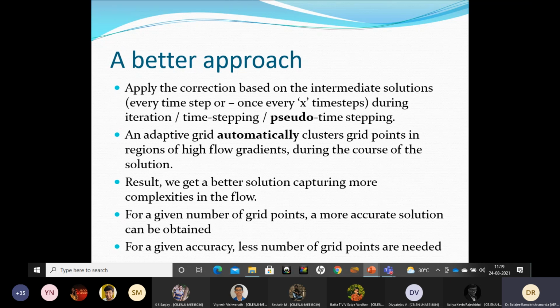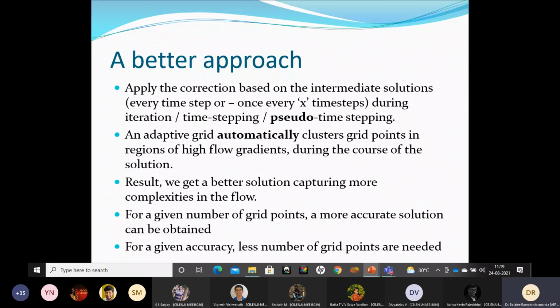And finally, when the solution doesn't change, dou u by dou t will be 0, which is there's no change in the properties. But you are allowing the cells which can converge faster to rush ahead, so that overall they will also accelerate convergence in the other cells. You may have a solution which is closer to the actual. This is called pseudo time stepping. We'll have a relook at it when we look at stability.